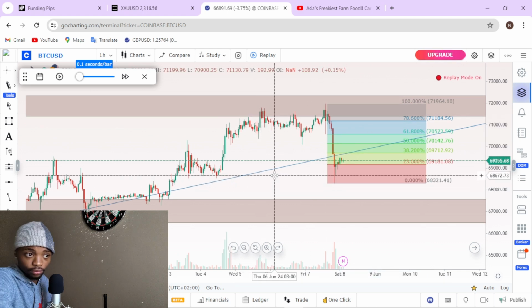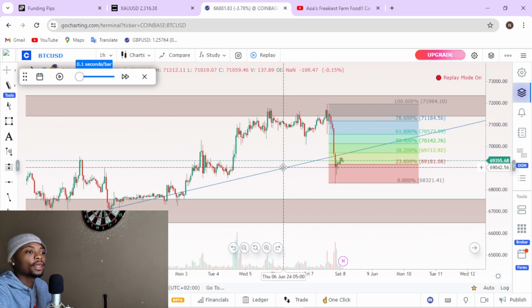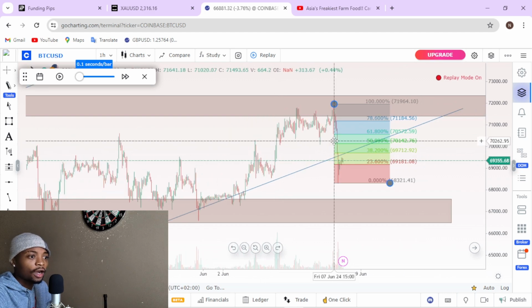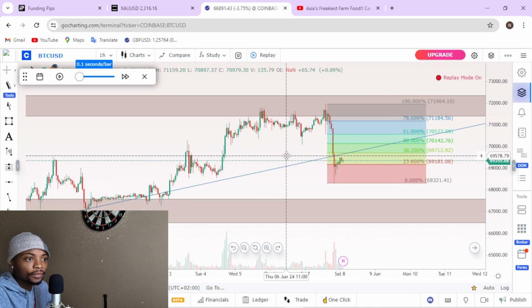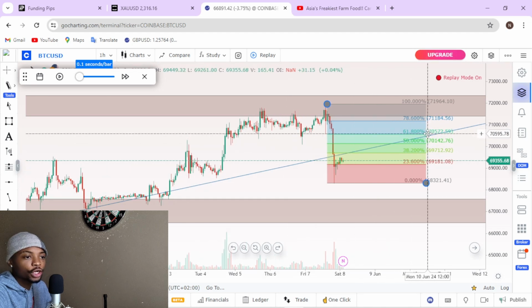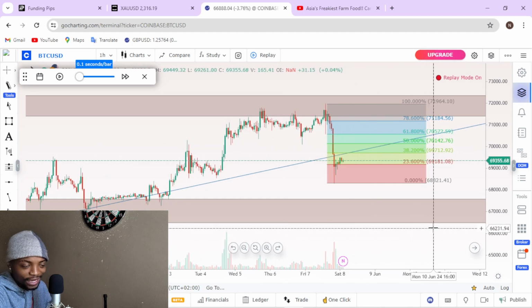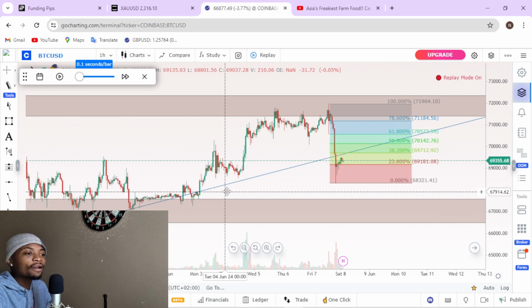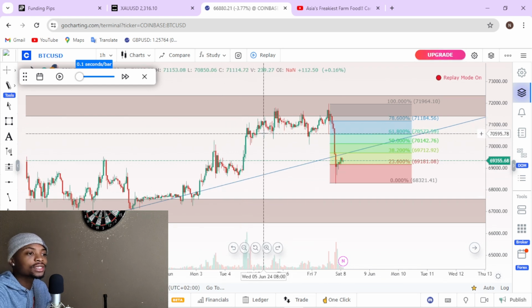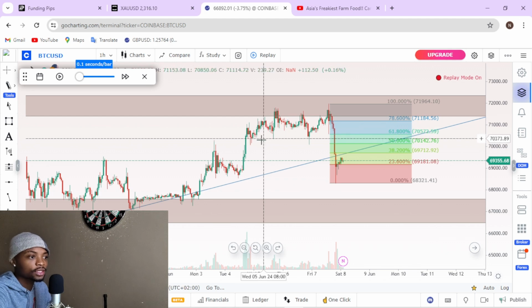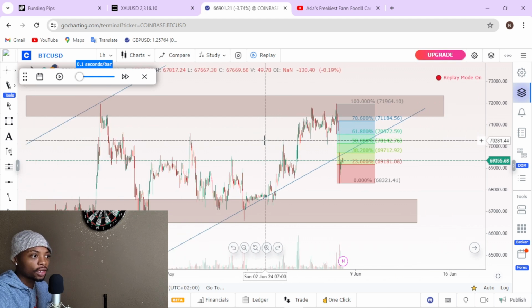So yeah, now how do I know exactly at which level price was gonna turn to continue selling? For me to find out, I have to look where most sellers entered the market, right? And I'm gonna show you where that is.